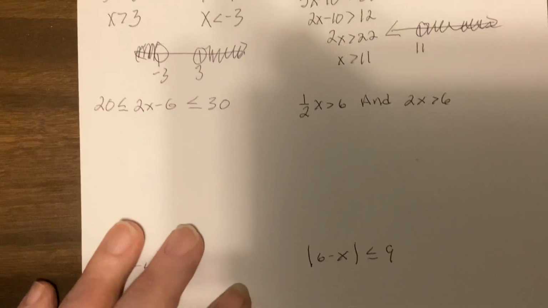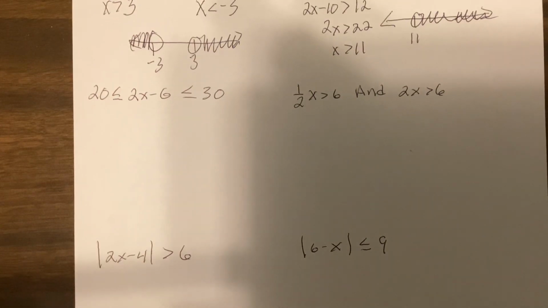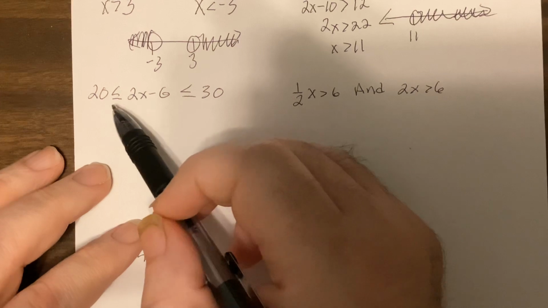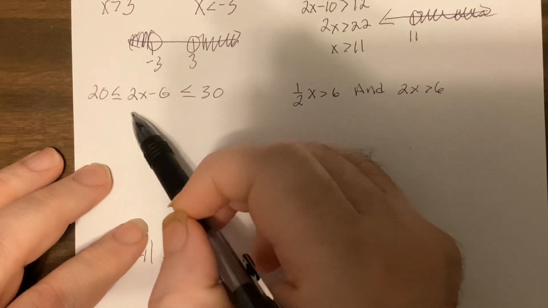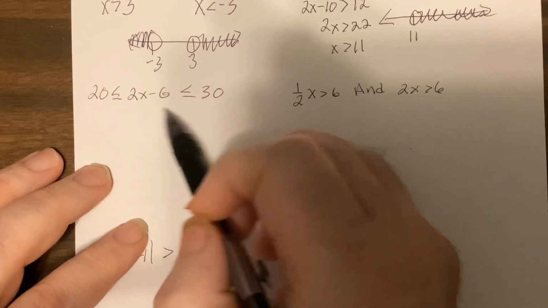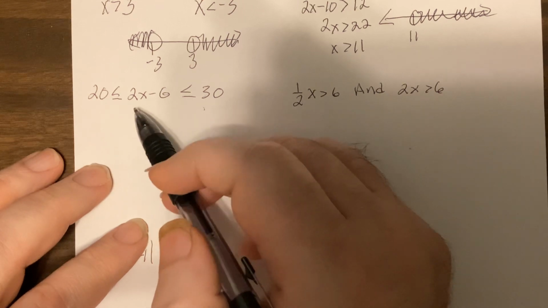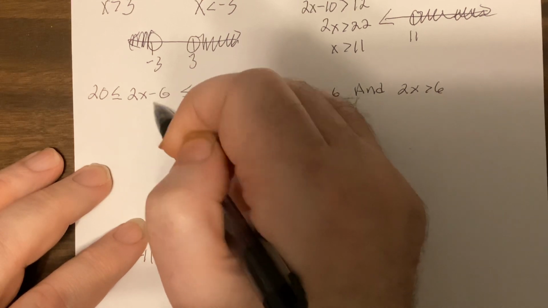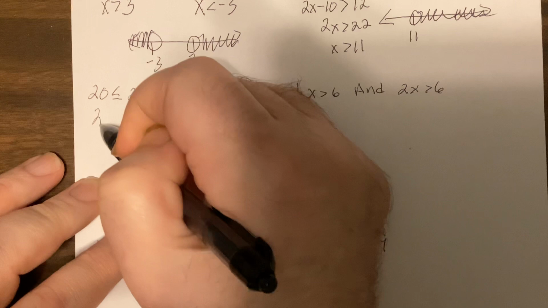Now remember, and says it's true for both inequalities. It has to cause every inequality to be true to be part of the answer set. Now whenever it's combined like this, it has to be an and. Or is never combined like this. So first I get rid of the -6, so I'm going to add 6 to everything.